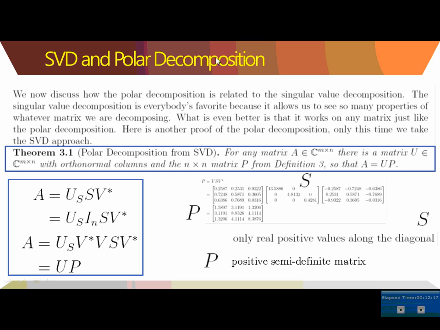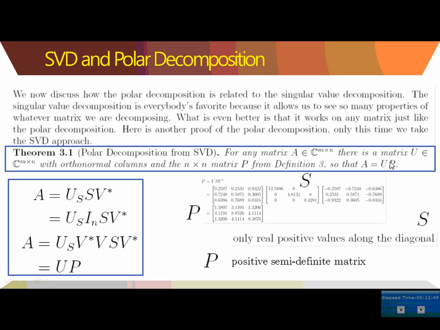This theorem shows the relationship between singular value decomposition and polar decomposition. For any n by n matrix A, there exists a matrix U with orthonormal columns, and an n by n positive semi-definite matrix P, such that A is equal to UP.